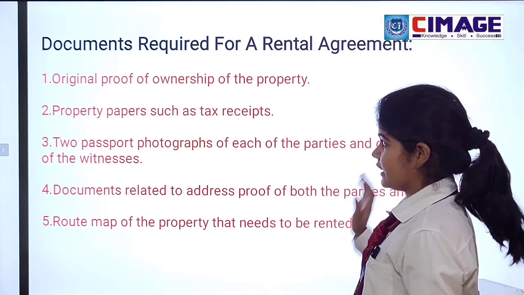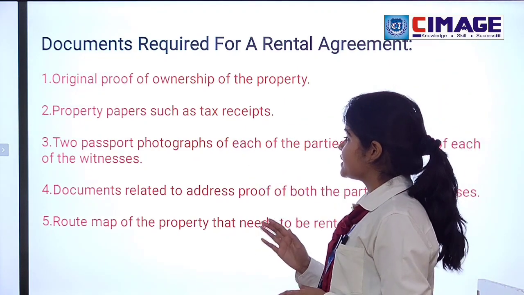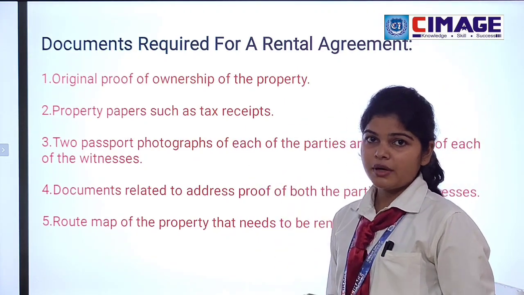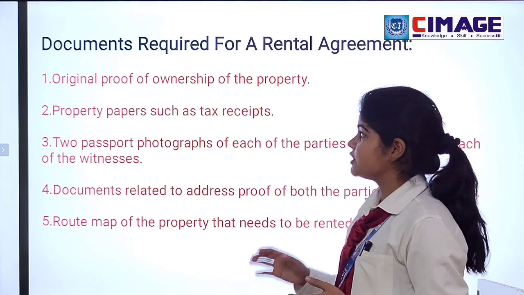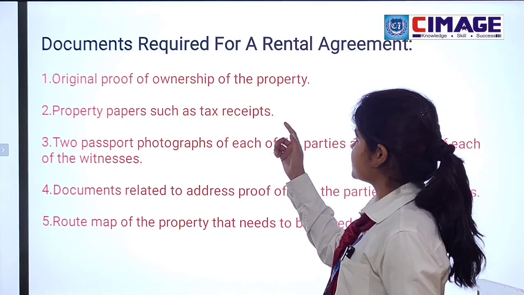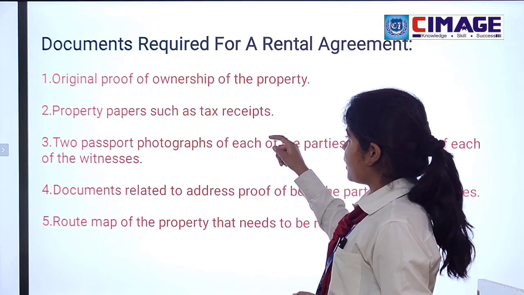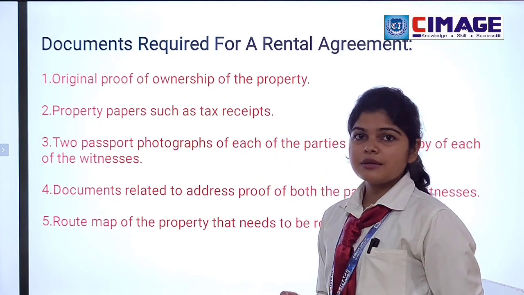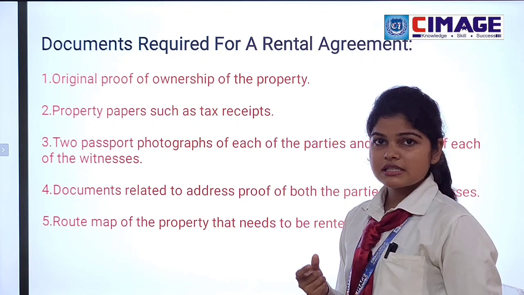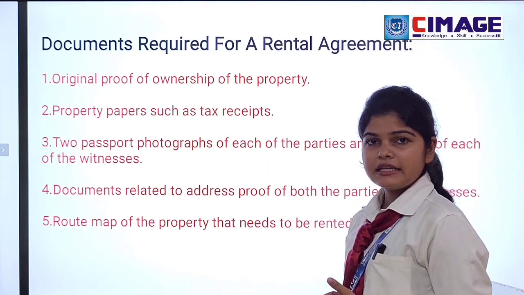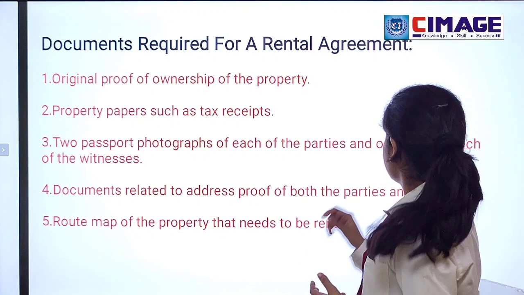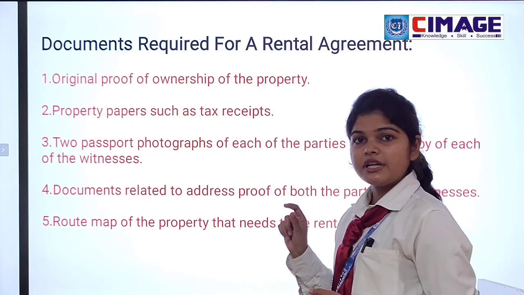Documents required for a rental agreement. First one is the original proof of ownership of the property, which can be Aadhaar card, PAN card, anything which our owner has of its own. Second one is the property papers such as tax receipt, that can be the mutation receipt. After then, 2 passport photographs of each of the parties, both tenants and landlords, and 1 copy of each of the witness.